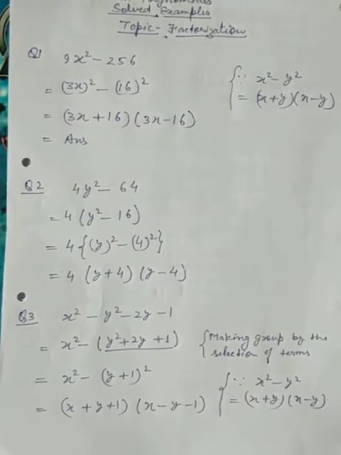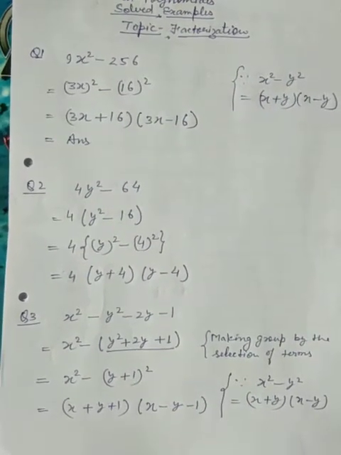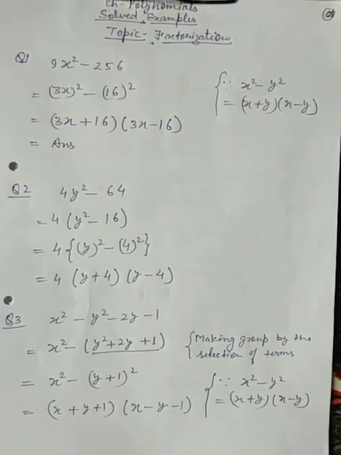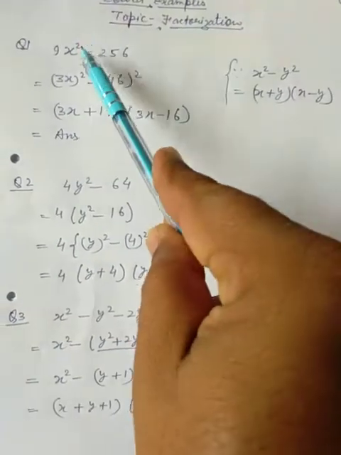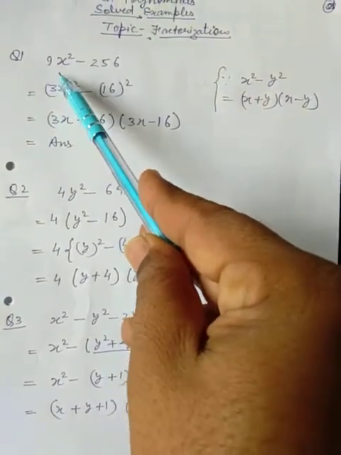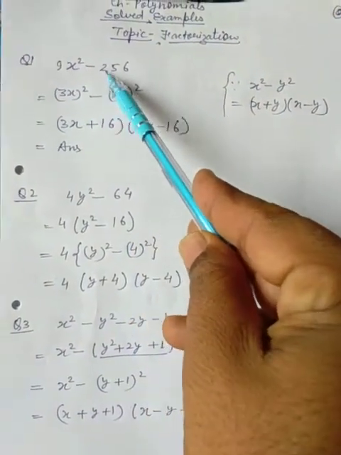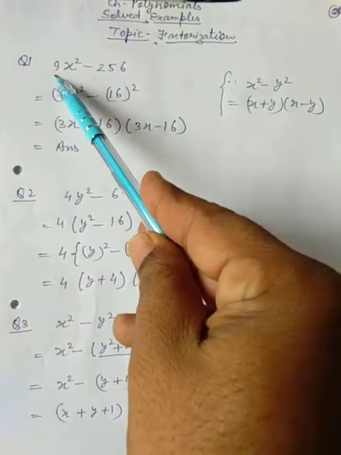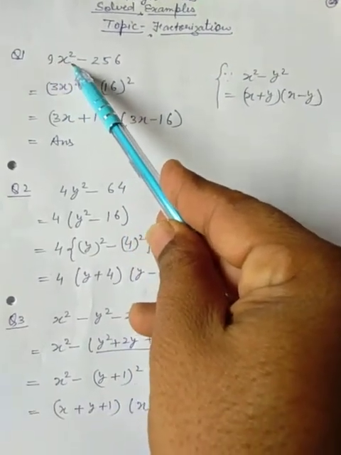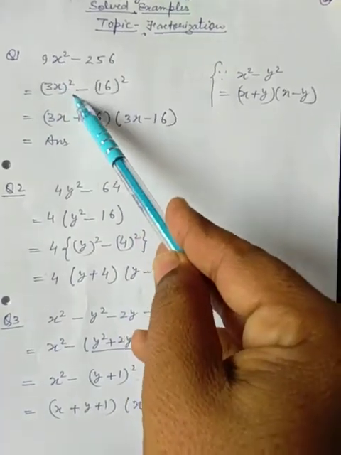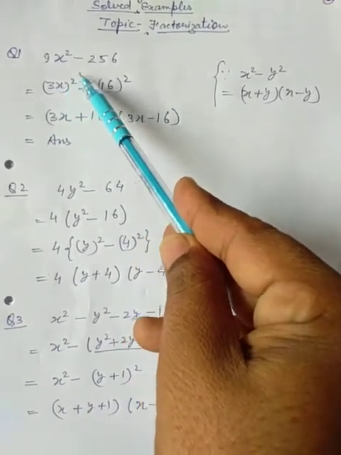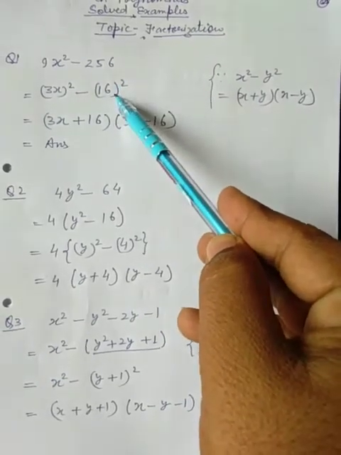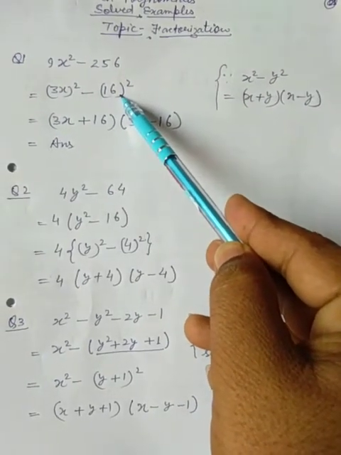As per the difference formula, we know that if two numbers are given in such a way that their squares are given. For example, in question 1, it is given as 9x square minus 256. Definitely we can say 9 is the square of 3 and x square is the square of x. So we can write this as (3x) whole square, and 256 is the square of 16. By the indices rule we can write this.